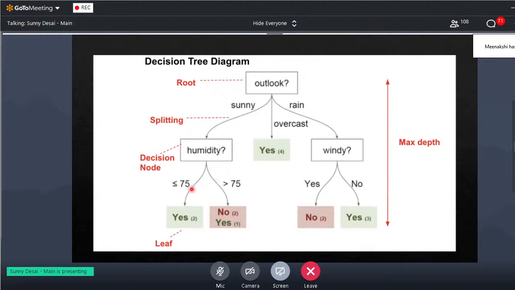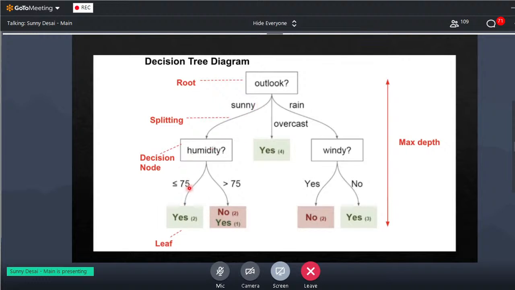Once again the model tries to develop further branches, and it looks at the data, trying again to minimize the entropy in the system. The model identifies that if the humidity value is less than or equal to 75, or greater than 75, then the entropy reduces and we can come to a conclusion.